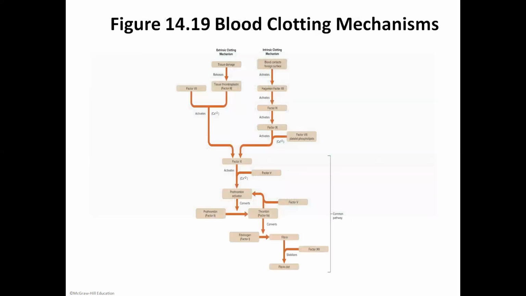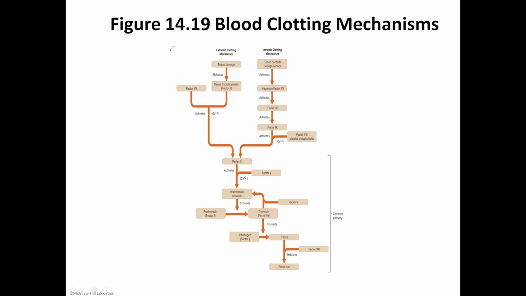So what you'll see here take place is, again, you'll see intrinsic here, and we see extrinsic over here. And what you'll notice is actually this activation requires a very important ion, calcium. So again, be careful with some of these questions that may pop up. For red blood cell production, you have to have iron. For coagulation and blood clotting, you have to have calcium.